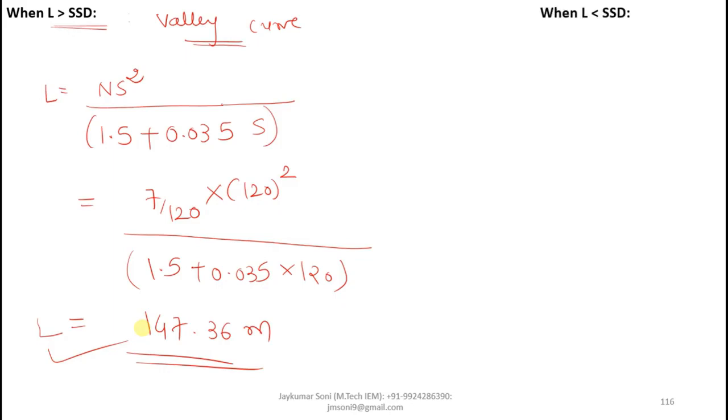If we consider L is less than SSD, then the equation will be this.